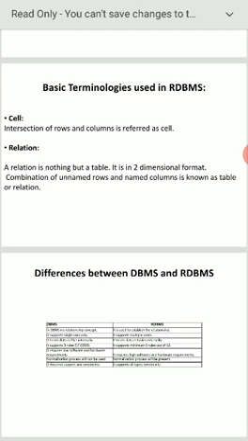In a DBMS, internally data will be stored like files. What is a file? A collection of records is called a file. What is a record? A collection of fields is called a record. Whereas in the case of RDBMS, it is internally stored as a table. In a table, you know that there are more than one row and more than one column.